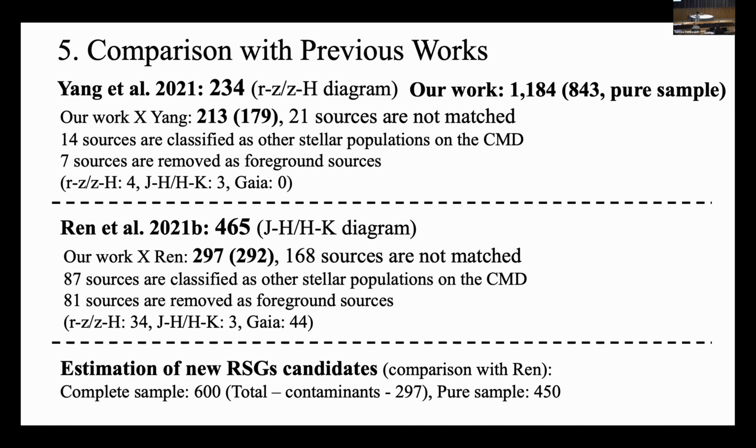And we give an estimate of the newly identified RSGs in our work: about 600 and 450 RSGs are newly identified in the complete sample and the pure sample respectively.